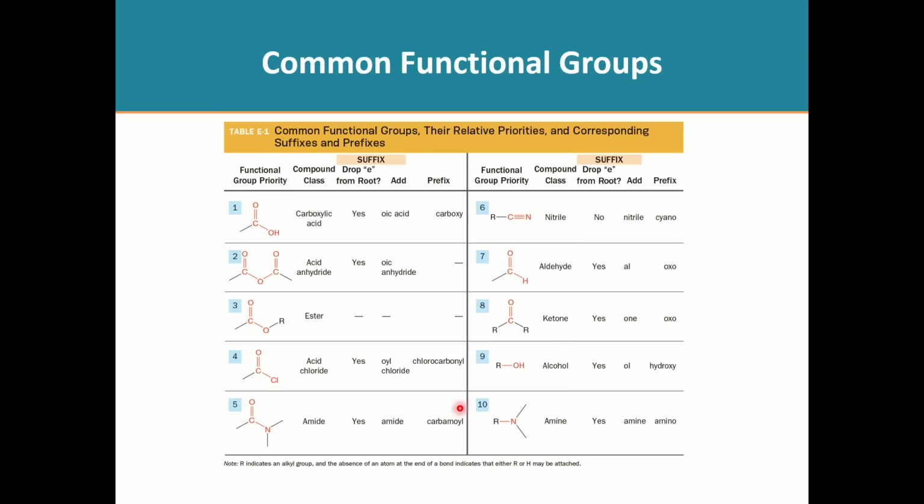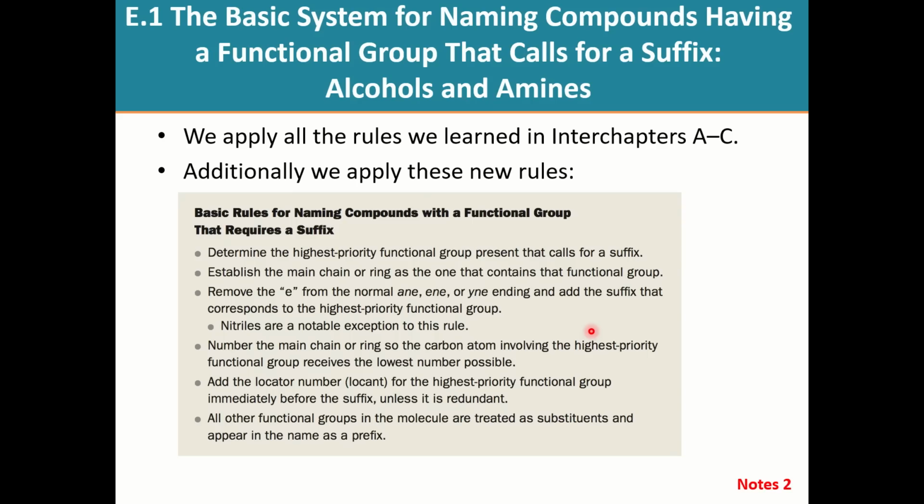So you're going to have this chart in front of you as you're taking the exam and needing to name these types of molecules. So you don't need to put this into memory. It will be in front of you. So what we are going to do is apply all the rules that we've learned from chapters A and B and C to this chapter.